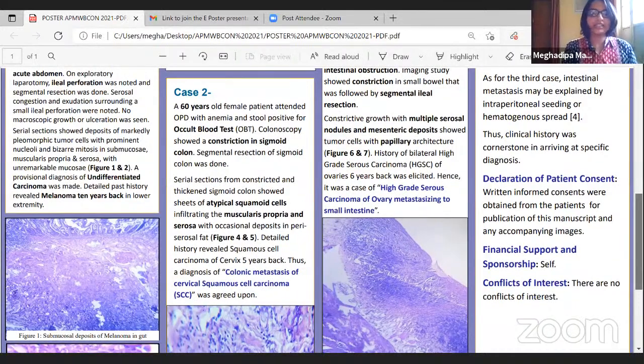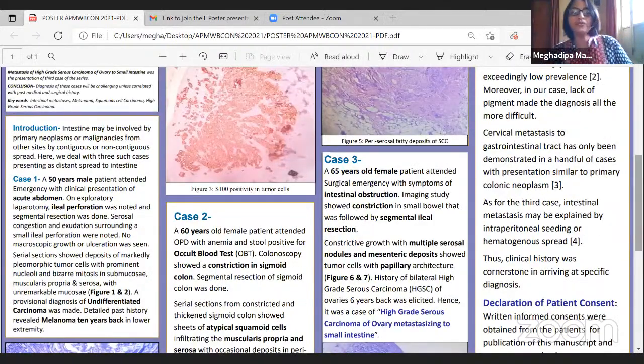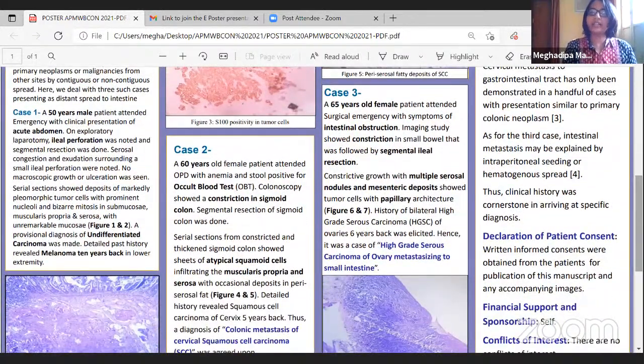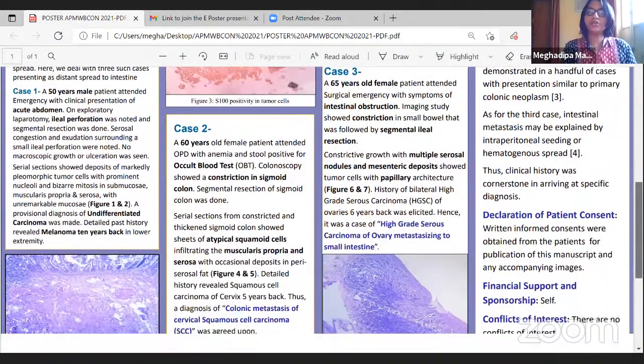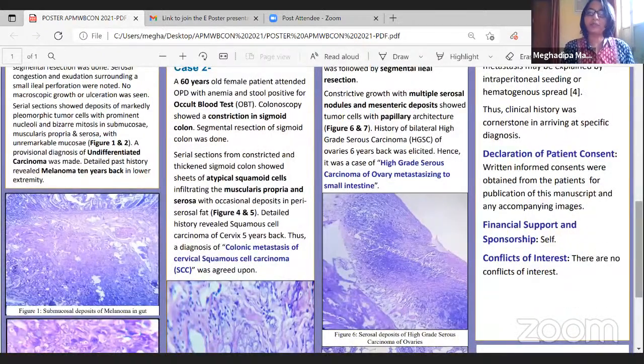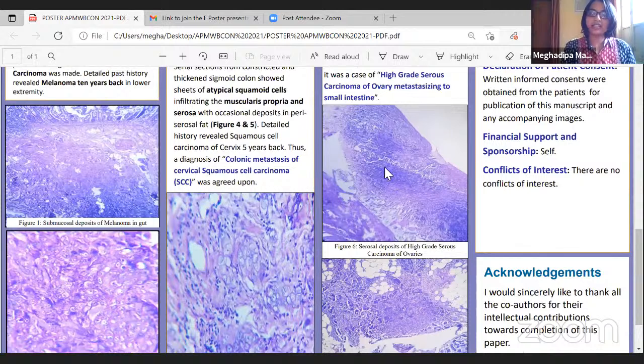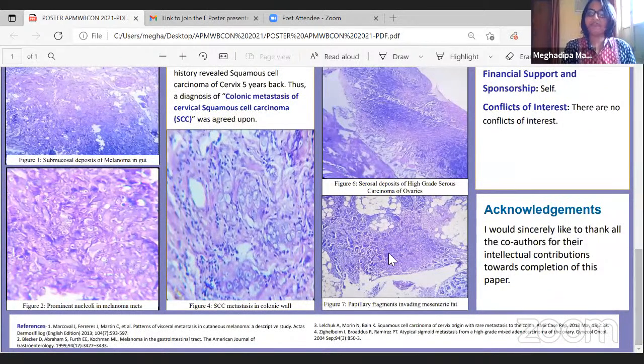As for the third case, it was a 65-year-old female patient who attended the surgical emergency with symptoms of intestinal obstruction. Imaging showed constriction in the small bowel. Segmental ileal resection was done, and the constricted area was seen with multiple serosal nodules and mesenteric deposits. We gave sections from all the suspicious areas, and there were atypical cell clusters mainly present in the serosa as well as involving the mesentery, as we can see in figures 6 and 7.